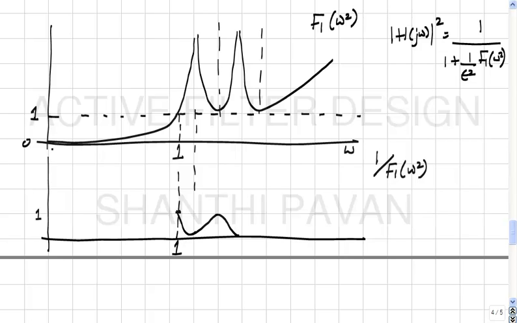Be 0 here again, maximum, go to 0, and you understand? Okay.